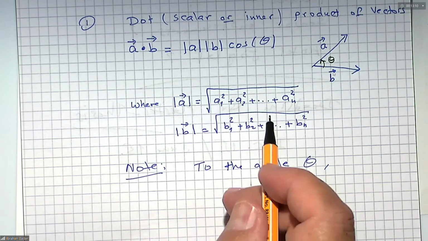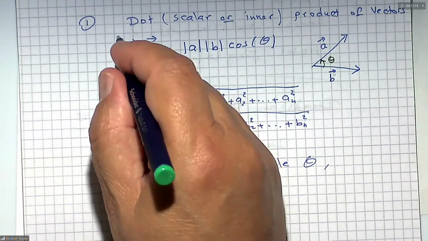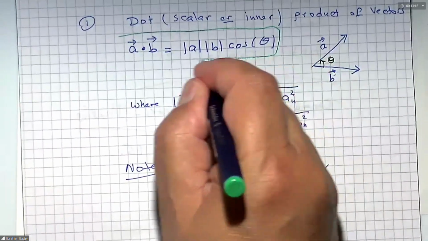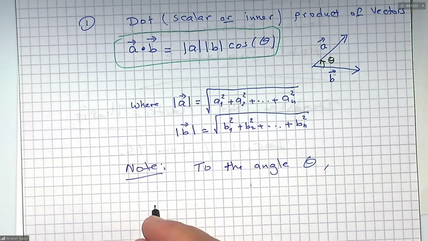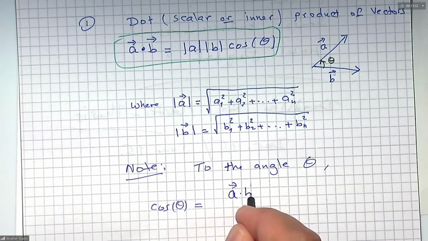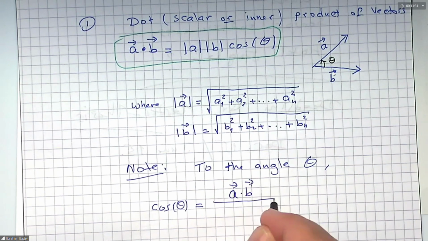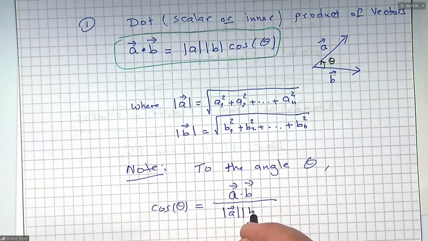Let me frame this one here. Just put cosine on the left. So cosine theta is equal to the dot product A dot B divided by the magnitude of A times the magnitude of B.